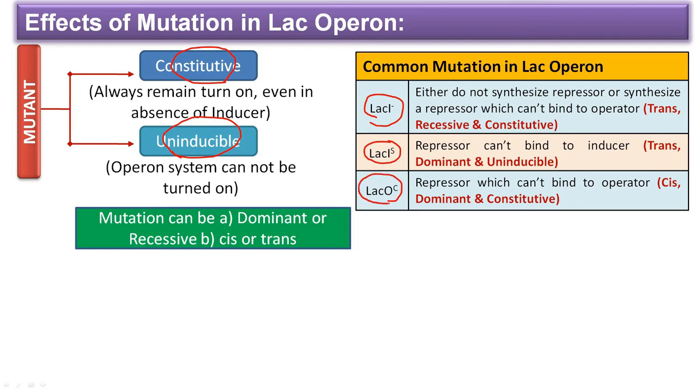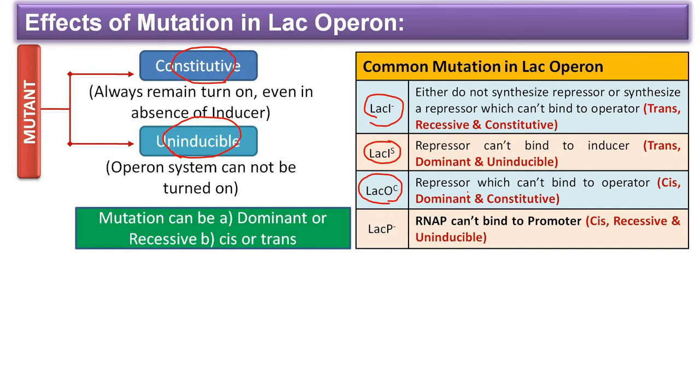If mutation occurs in operator region, the repressor cannot bind to operator. Means here the repressor protein is normal, but due to mutation in the operator region, the repressor protein cannot bind to operator. And the last one is Lac P negative. Here the promoter region is mutated. If the promoter region is mutated, the RNA polymerase cannot bind to promoter.